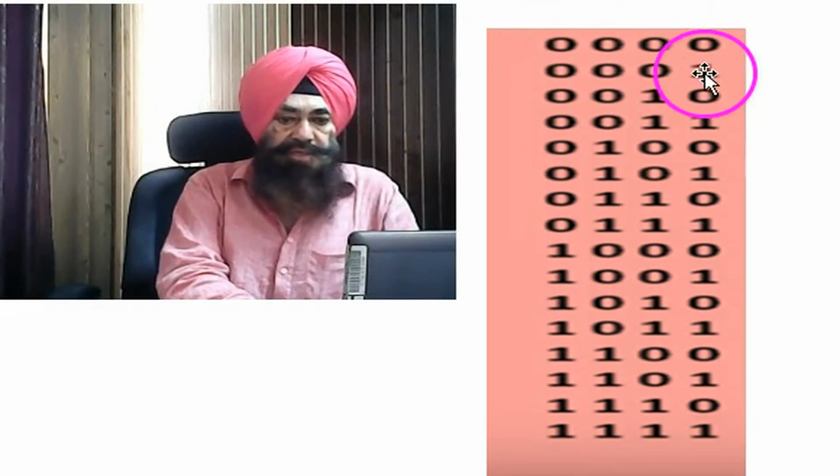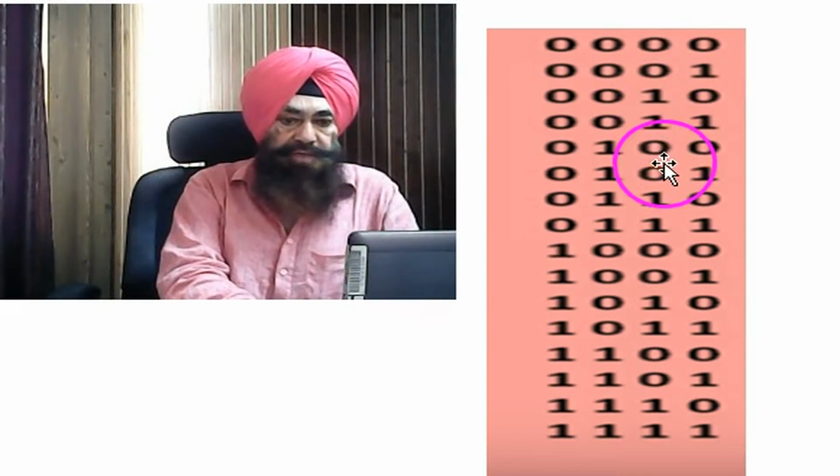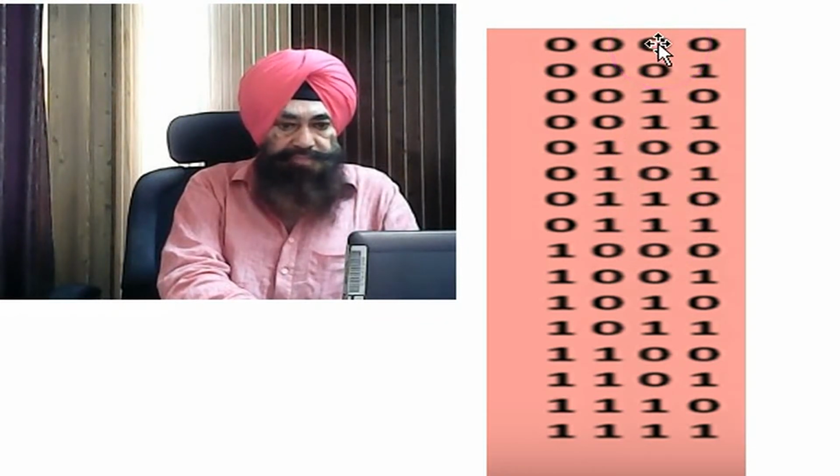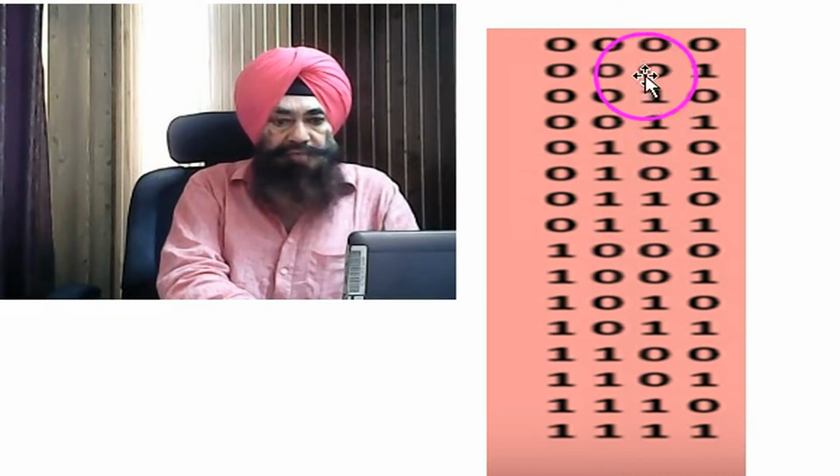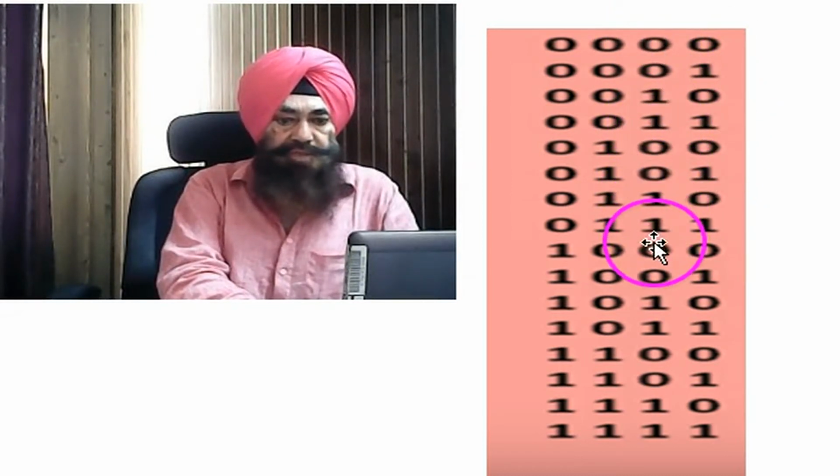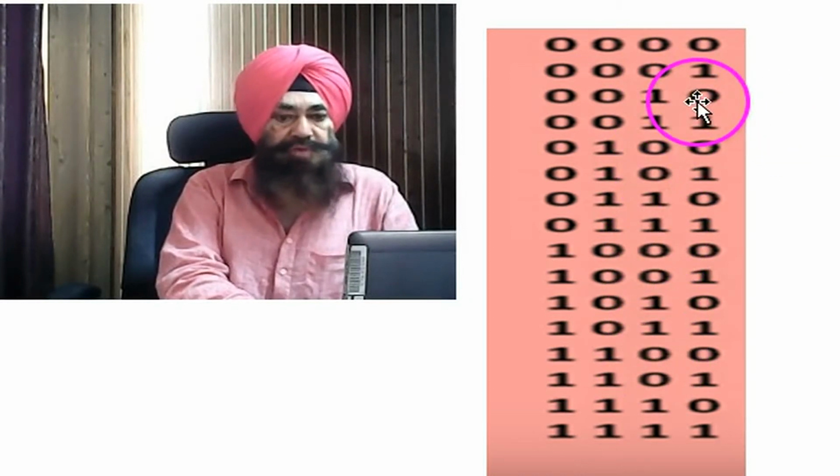Now the next one has 2 zeros and 2 ones, 2 zeros and 2 ones. They are toggling at half the rate of the previous one, because it is 2 zeros then 2 ones.